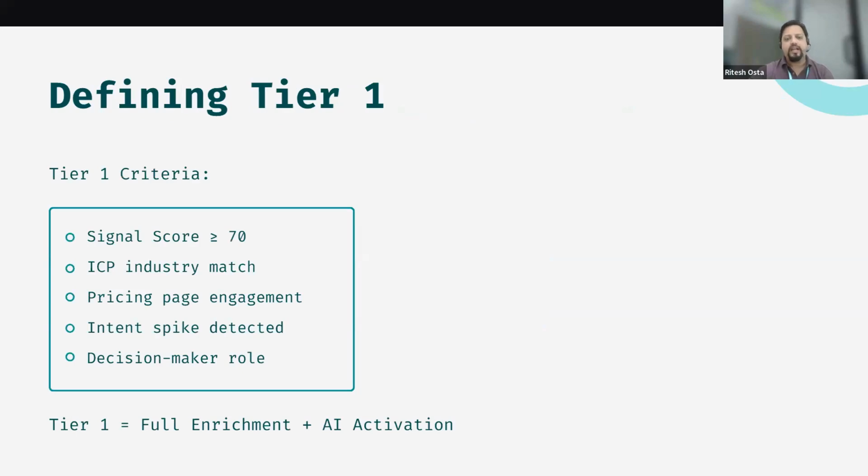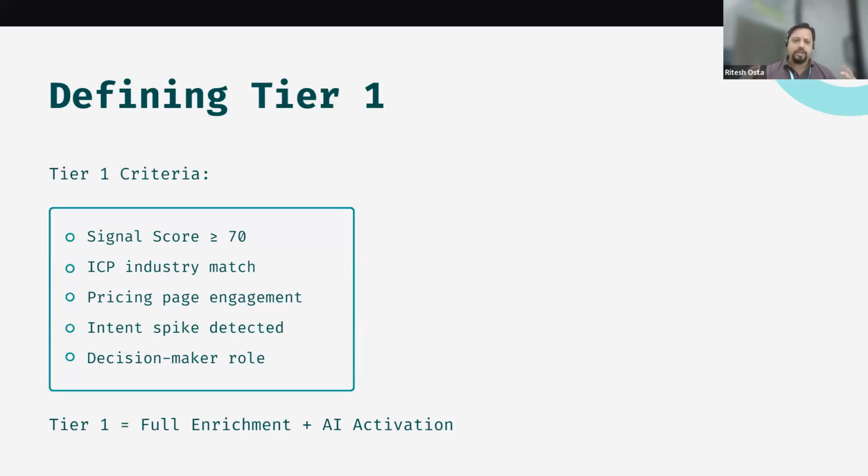And then as a next step, we go with lead scoring, or signal scoring, as we call it. Not just lead scoring, it's signal scoring. It's a little different. Signal scoring is how many intent signals have come. For example, they have visited the website, they have checked the pricing page, they have posted a job, they engaged with your outbound email.